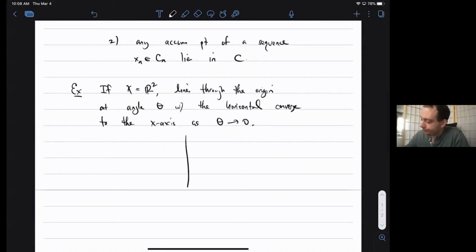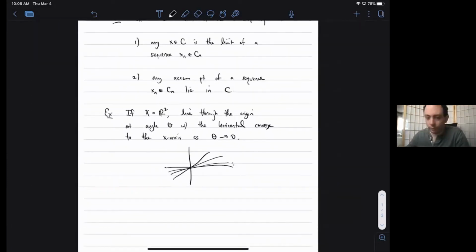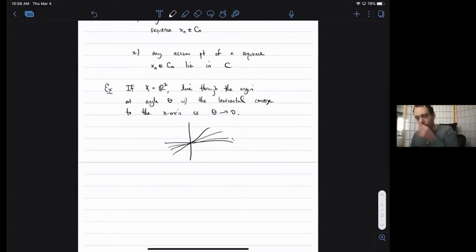Okay, so line, line, line, et cetera, converging to the x-axis. Okay, making sense?